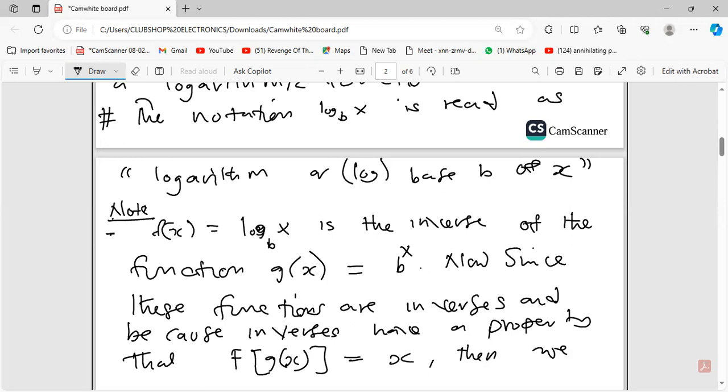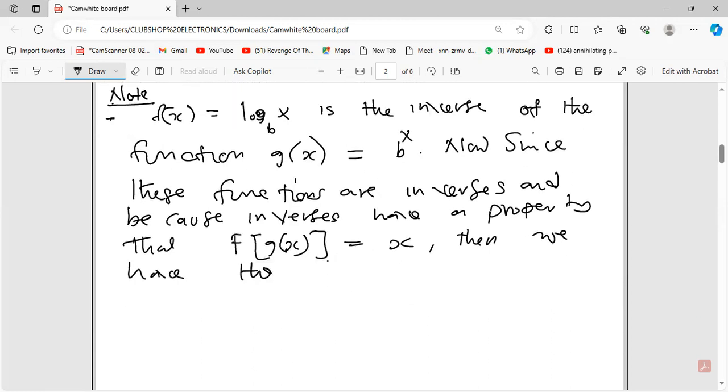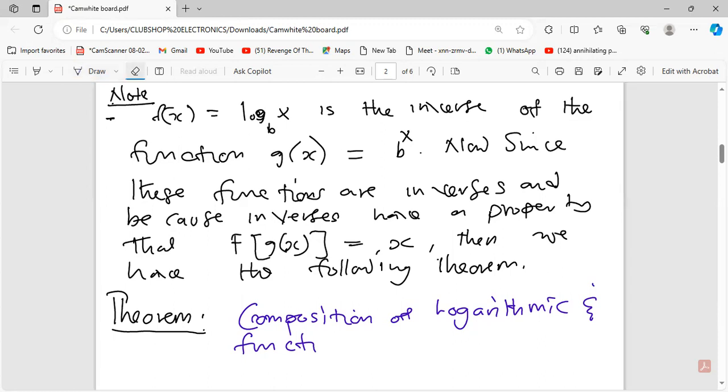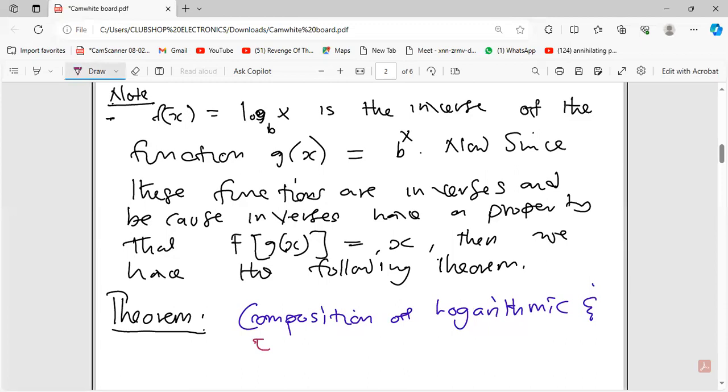Then we have the following theorem, which is the composition of logarithmic and exponential functions.